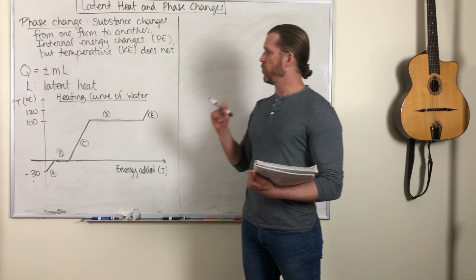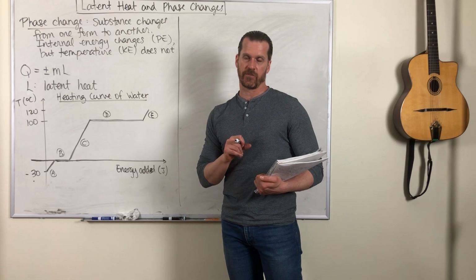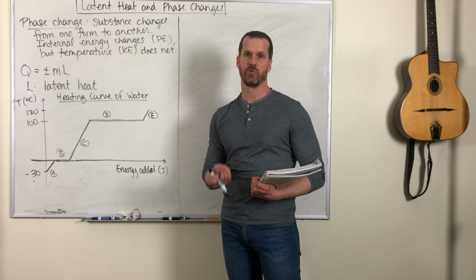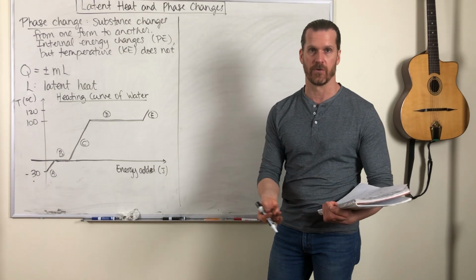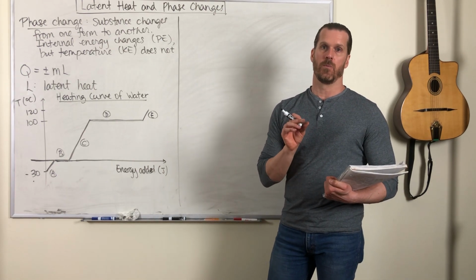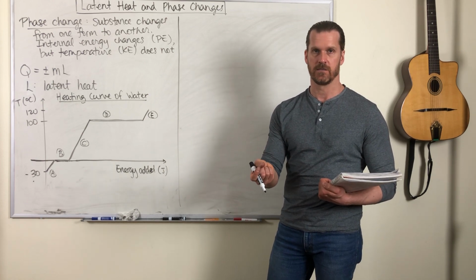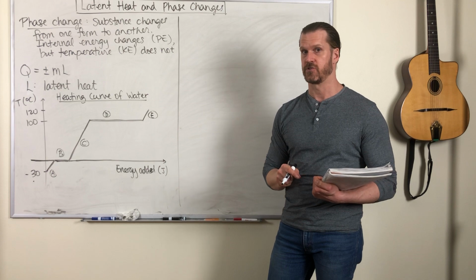So when a substance undergoes a phase change, it requires energy to make that happen. You have to heat up water to make it melt. But during that phase change, as you add heat, the temperature doesn't change.